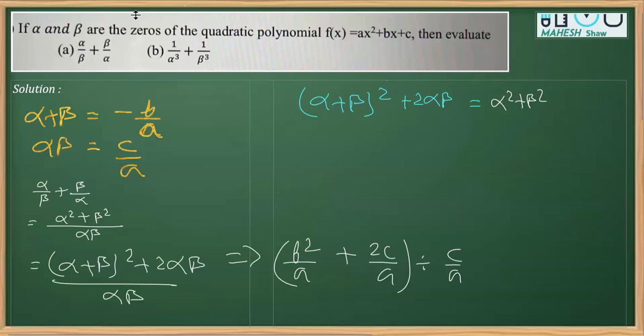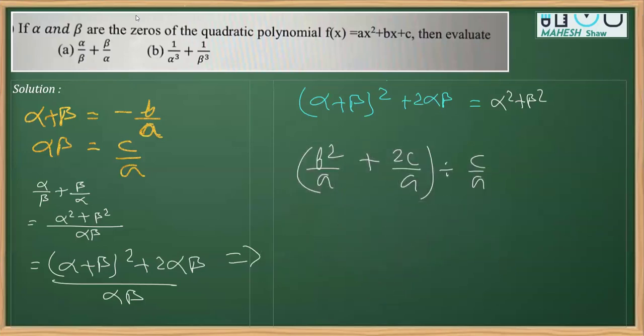Now check what we can further do with the simplification. If I take the LCM, it is going to be a square, and this will be b square minus 2ac over a square.